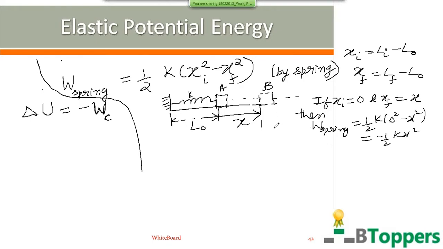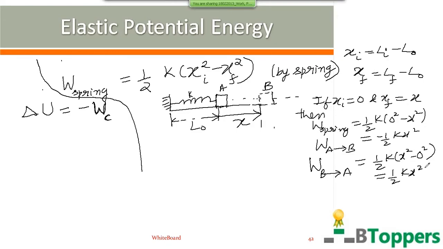Now this is the work done by the elastic force by the spring when the mass passes from A to B. If you consider the situation from B to A, when the mass M returns back from B to A, the initial position xi should be taken as equal to x, and xf is equal to 0. That means the work done by the elastic force by the spring on the mass as it passes from position B to position A will be plus half k x square.